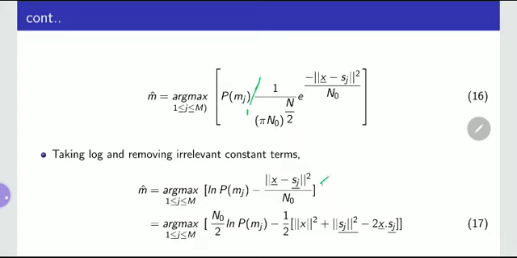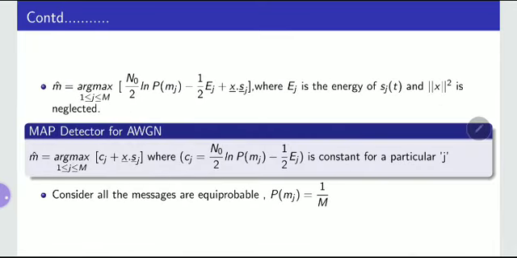Then we are expanding this term: N naught by 2 ln P of mj minus half of the norm square of x plus norm square of sj minus 2 into x dot sj. So the norm square of x is common for all j's, so it doesn't have any significance in maximization. That is also removed.